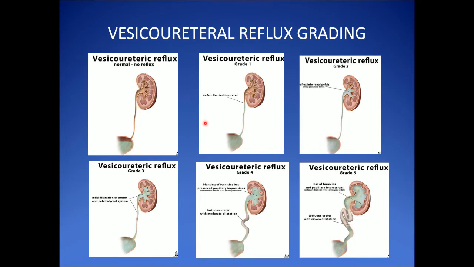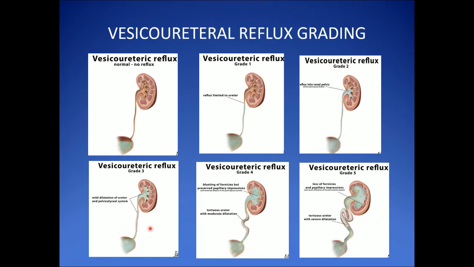So the grading, you have grade 1 to 5. Grade 1 reflux will show you the ureter with no dilatation. Grade 2, you have the reflux up to the renal pelvis with no dilatation.